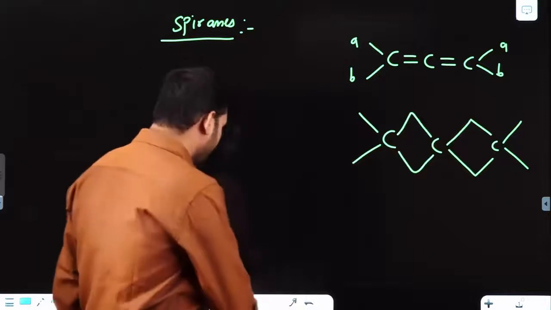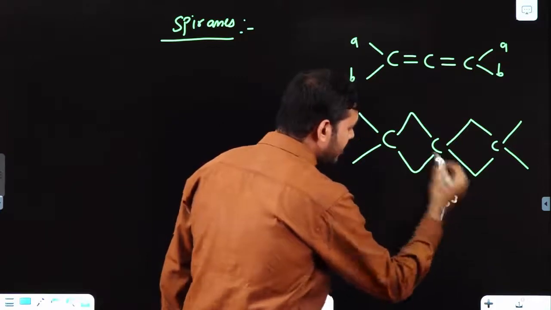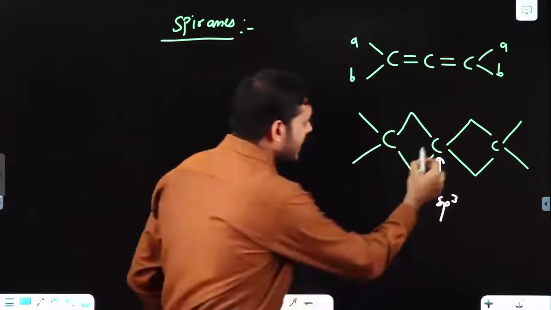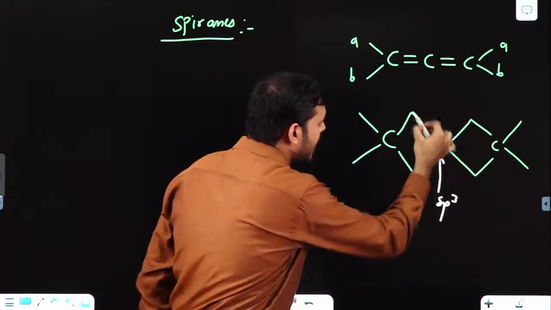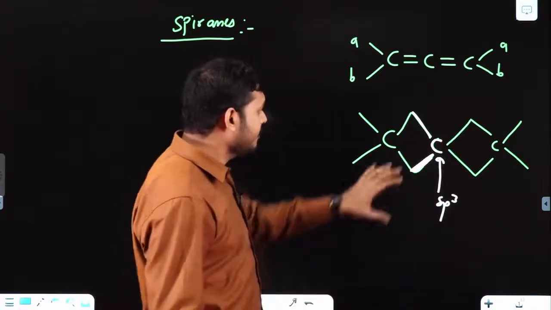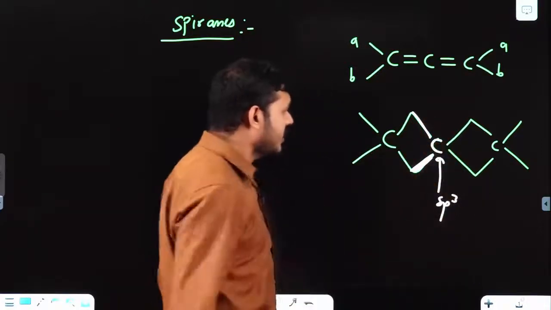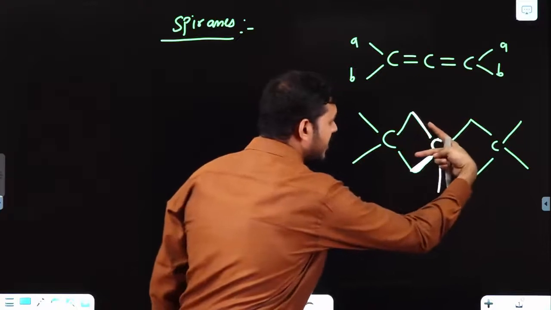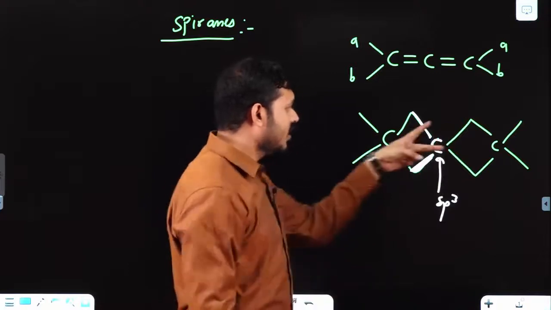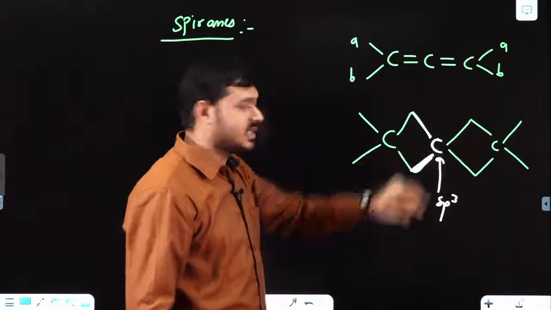Now if you ask how it will be perpendicular, so students, as you know, this carbon is sp3, and if sp3, so this has two V-shaped parts. Suppose with respect to this carbon, this part and this part are planar in this plane only, then I can definitely say the remaining two will be perpendicular, V-shaped, but one will be away and one will be towards us.